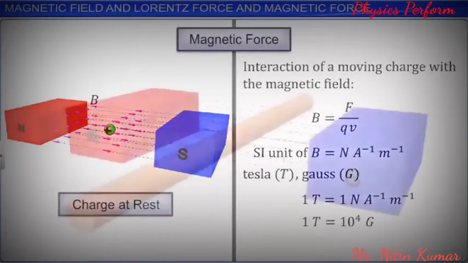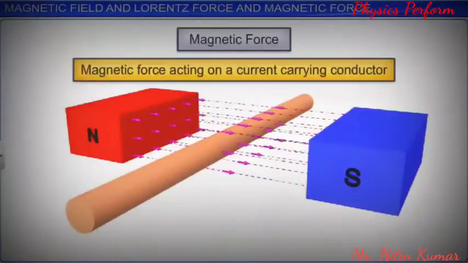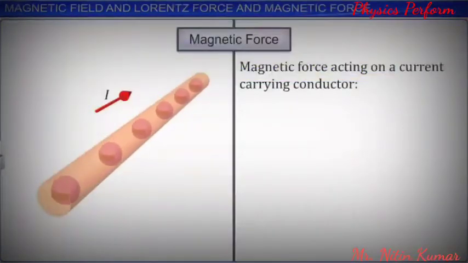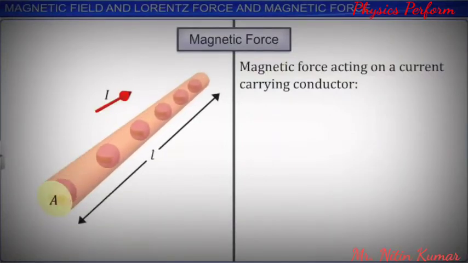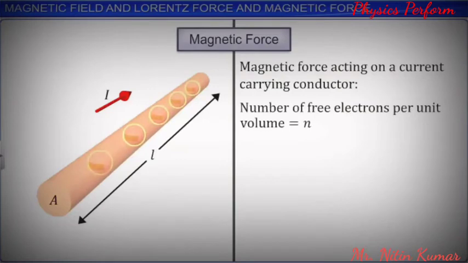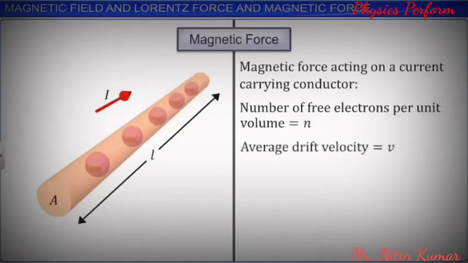Now let us discuss magnetic force acting on a current-carrying conductor. Consider a conductor of length L with uniform cross-section A and the number of free electrons per unit volume as N. These electrons are moving with an average drift velocity v.